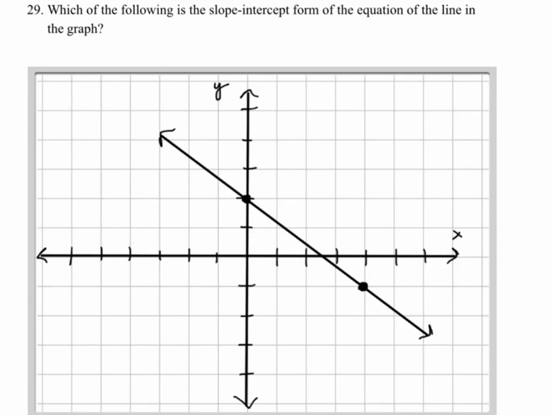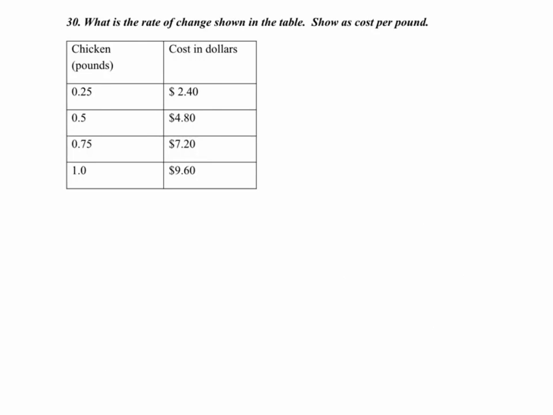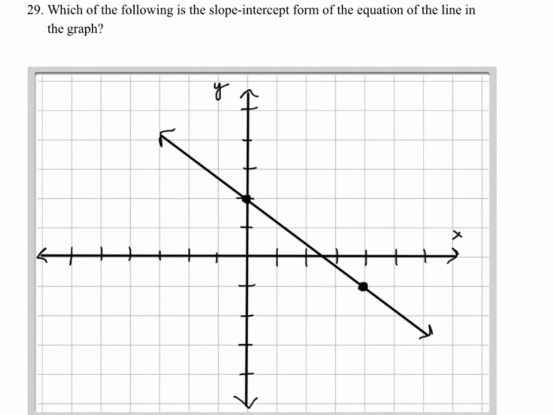Which of the following is slope-intercept form? Again, find B. Oops. 1.